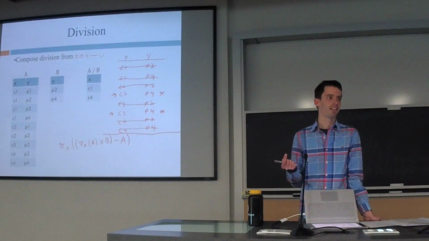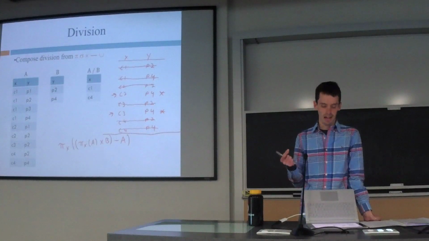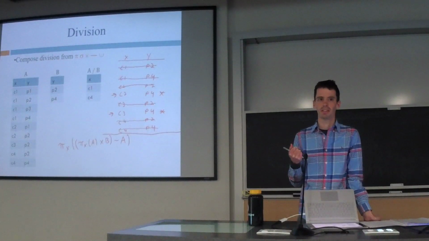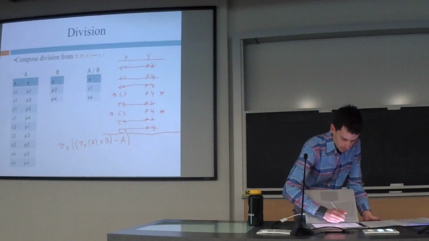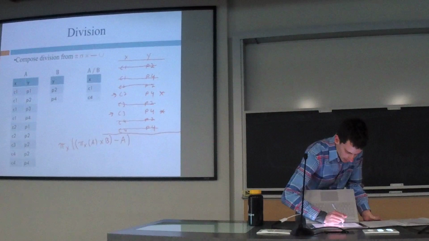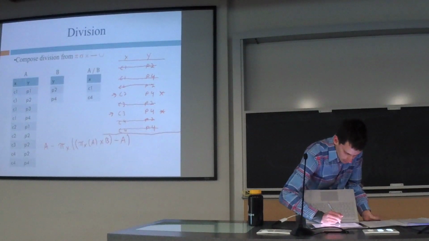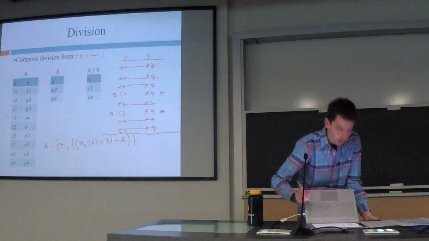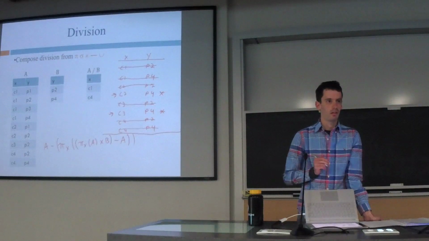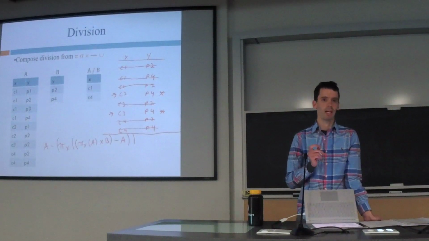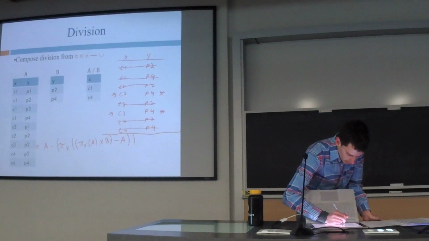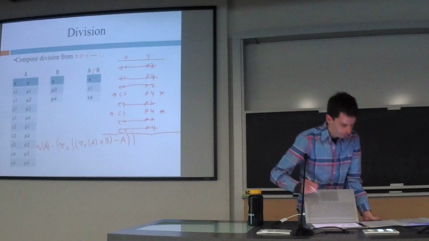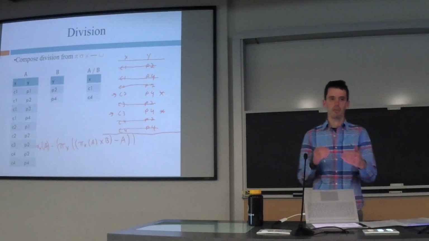How can I get the cars that do have parts P2 and P4? A minus this? Yeah, so we have basically A minus all of that, but we can't just use all of A. We need to project just X out of A. So give me all cars.